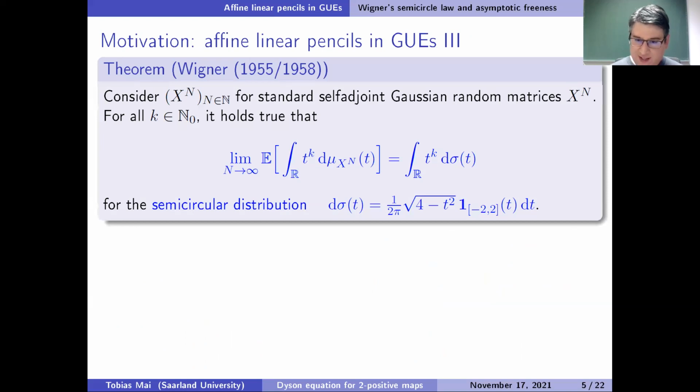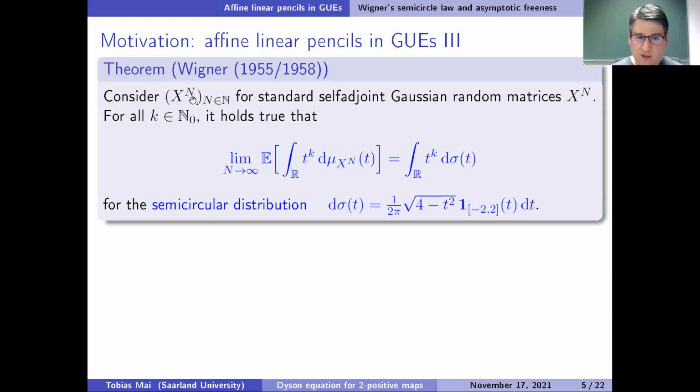And now having this in the background, we can look a little bit closer at our problem that I mentioned at the beginning. Remember that we had standard self-adjoint Gaussian random matrices, and we put them into an affine linear pencil and wanted to understand the limiting behavior for the eigenvalues. And the fundamental observation is what happens actually with one Gaussian random matrix. And this is the famous Wigner semicircle law, which states that in the limit, the eigenvalue distribution is given by the semicircular distribution.